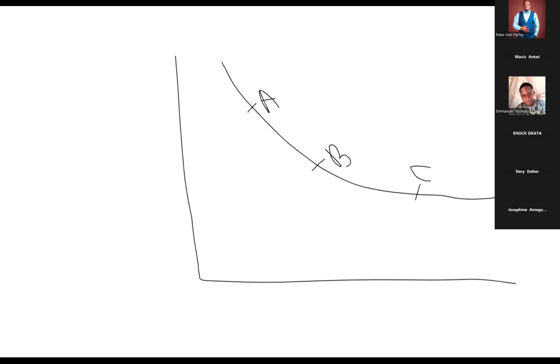If you have an indifference curve 1, IC1, points on it give the same level of satisfaction. Now, if there's another indifference curve higher than IC1, which in this case we are going to call IC2, and there's a point on IC2 called M, you cannot say that M and B give the same level of satisfaction because M is on a higher indifference curve, which is IC2.